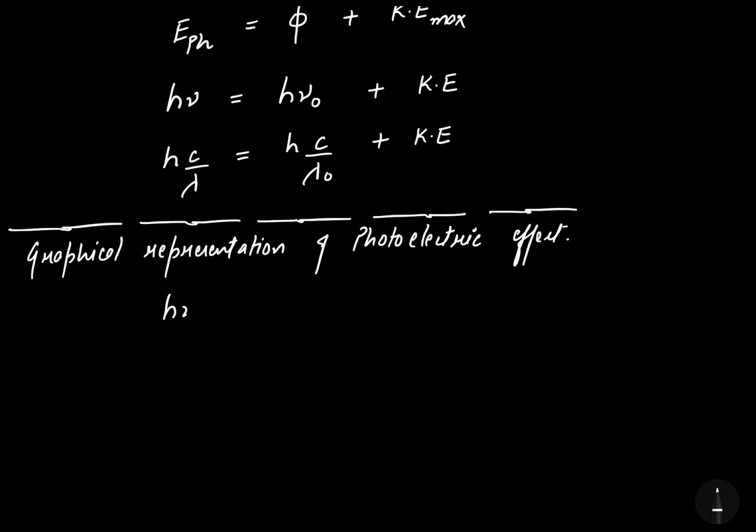It is h nu is equal to h nu naught plus kinetic energy of electron, or you can rearrange it like nu is equal to nu naught plus 1 by h into kinetic energy of electron.